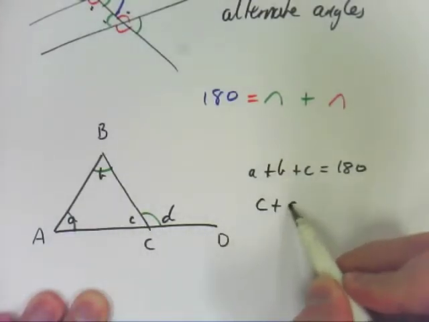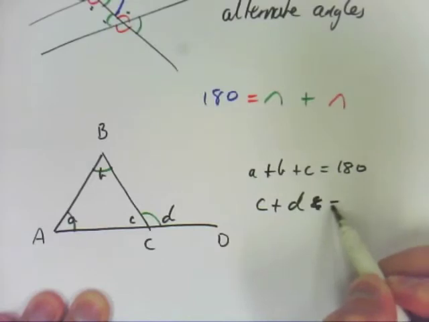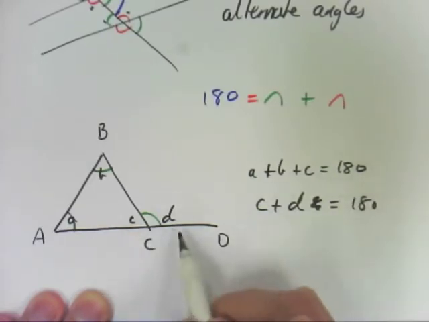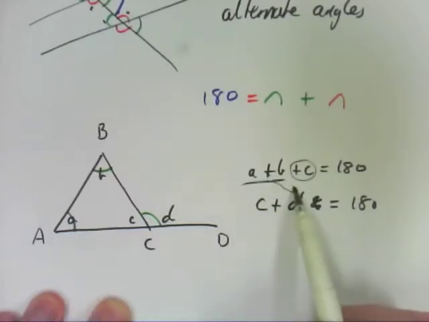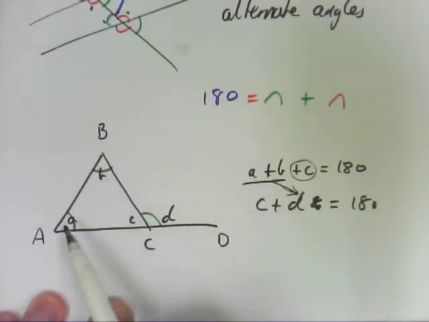But we also know that C plus D must equal 180 because that's a straight line. So therefore, we know this must be equal to D. So therefore A plus B, so these two green angles here, must be the same as this one green angle here. So they must add to the same value.